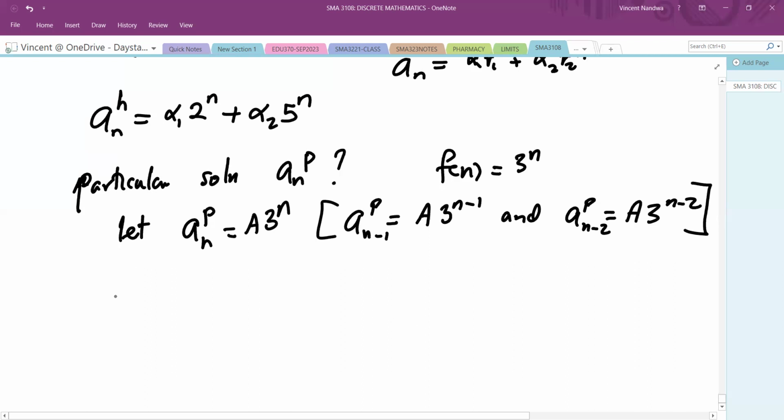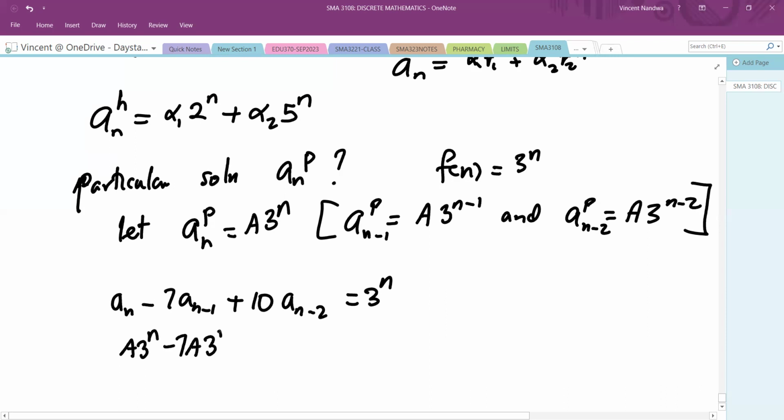So replacing this into the original equation, which was a_n minus 7a_(n-1) plus 10a_(n-2) equals 3^n, we have a·3^n minus 7a·3^(n-1) plus 10a·3^(n-2) equals 3^n. Because when we say that this is a particular solution, then it must satisfy the given original difference equation.